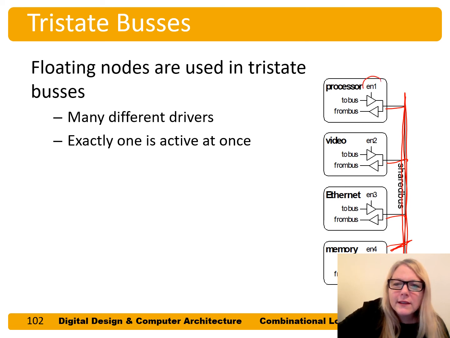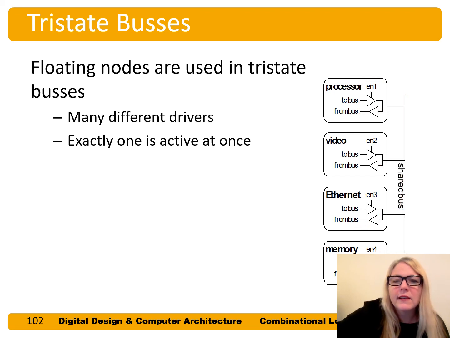We put these tri-state buffers on the drivers. So we have an enable 1, enable 2, enable 3, enable 4, and depending on who is driving the bus at any given time, anyone can read it at any time. You see these buffers for reading the bus.